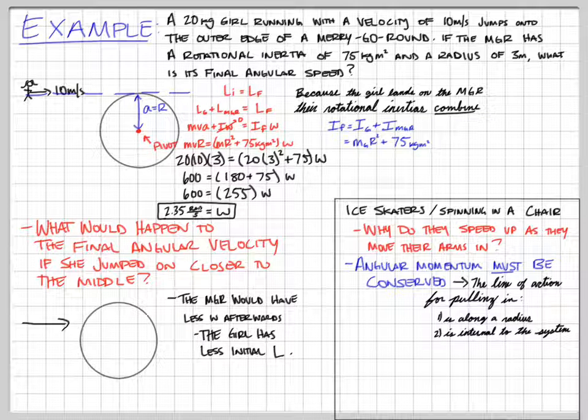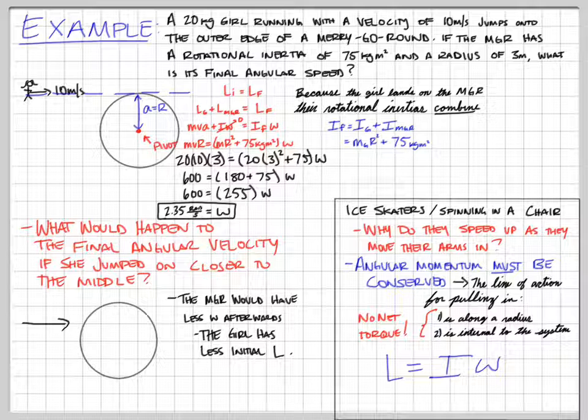These two things tell me that the net torque acting on the system is zero. When there is zero net torque, angular momentum has got to be conserved. Those are internal forces and they're along the radius, so there's no torque. If that's the case, that number L isn't going to change.